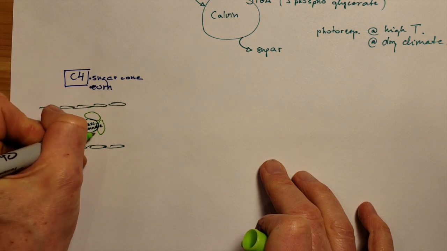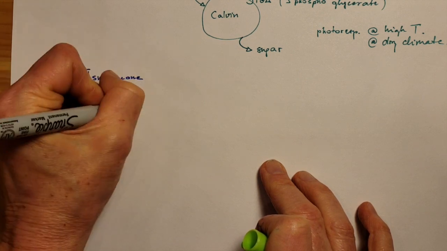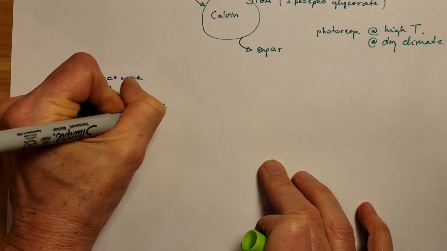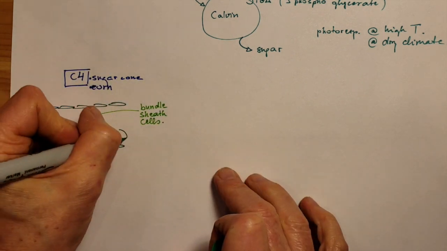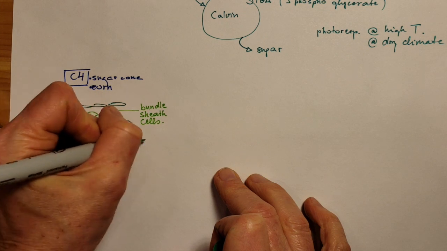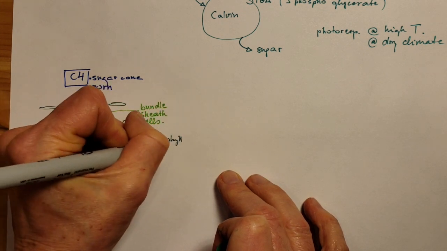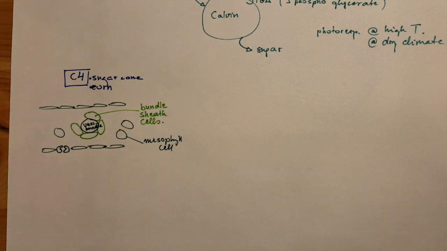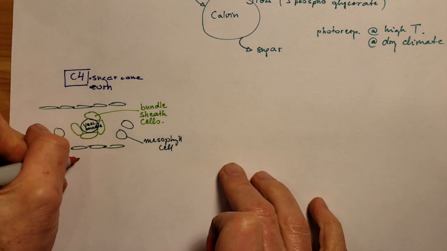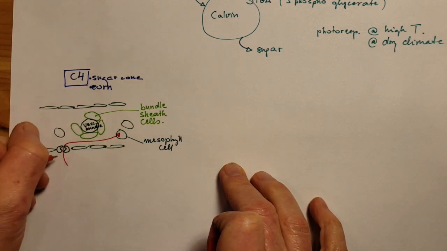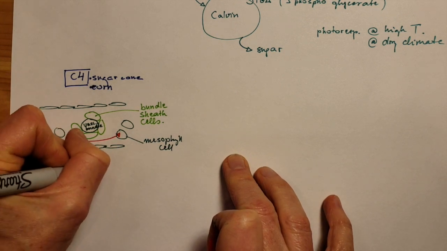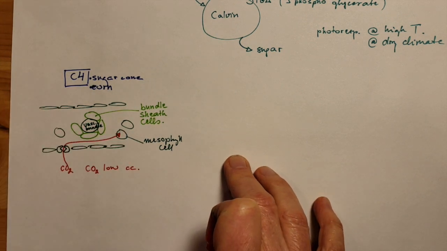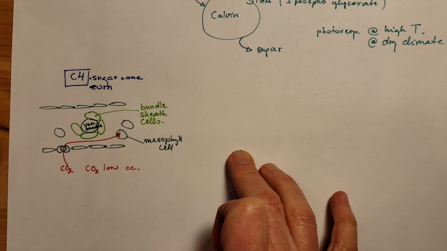And around the xylem and phloem, we have the bundle sheath cells. These cells are going to be the cells that will perform the photosynthesis. In the mesophyll cells, the carbon dioxide is going to be fixed, so carbon dioxide goes into the mesophyll cells and will combine and form a C4 material inside of the mesophyll cell.